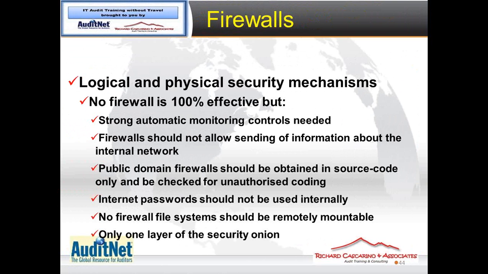If you're going to use a public domain firewall, if you're going to download one off the internet, get it in source code and have it checked for unauthorized coding by someone who knows, because a lot of the firewalls you can download from the internet come with backdoors, with concealed code that allows someone else to come in.